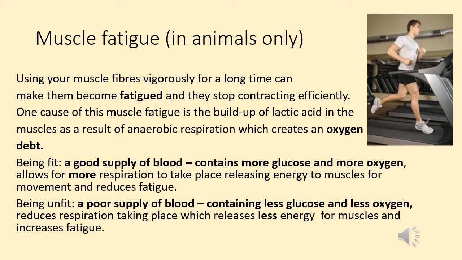Over time they can train their bodies to increase the lung surface area, which helps with gas exchange, so they can take in more oxygen and release more carbon dioxide, and they can do that a lot quicker because they have a larger surface area, as compared to a person who is not very active.